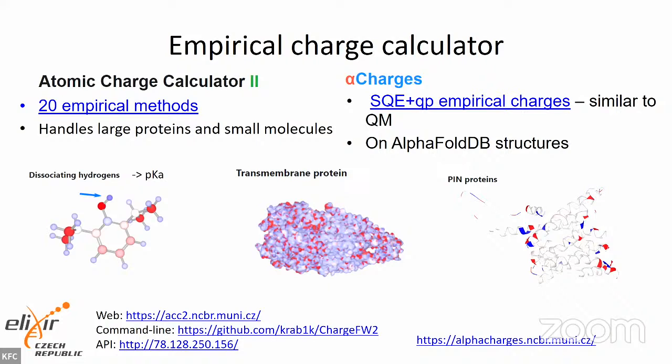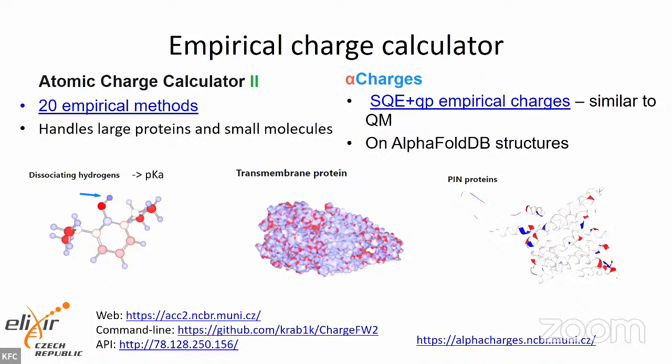You can see that also from the charges. There is a part where there is almost no charge, and this is where the membrane is. Right. So it's possible to look into the structures quite quickly to find out what is happening.